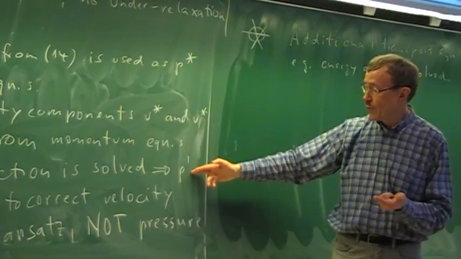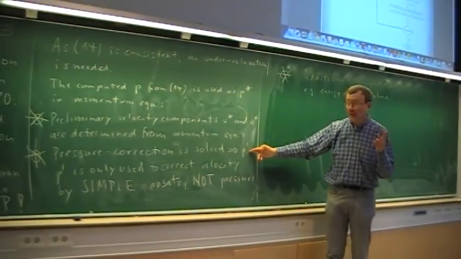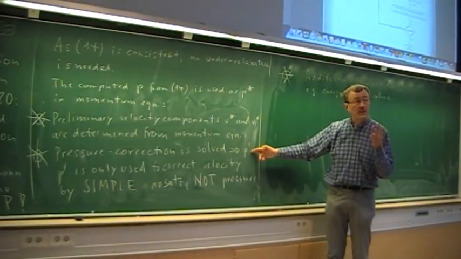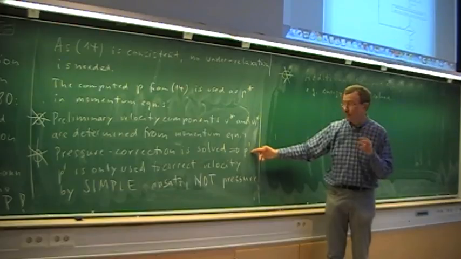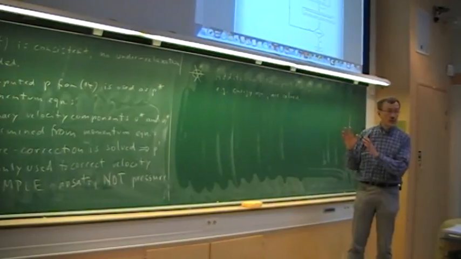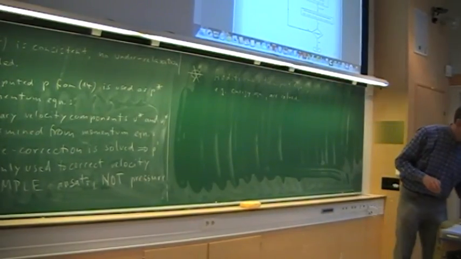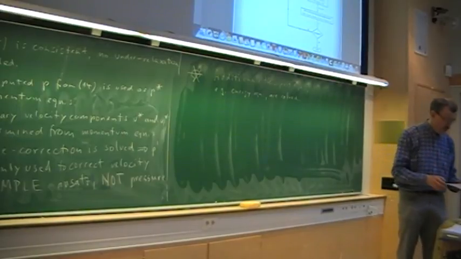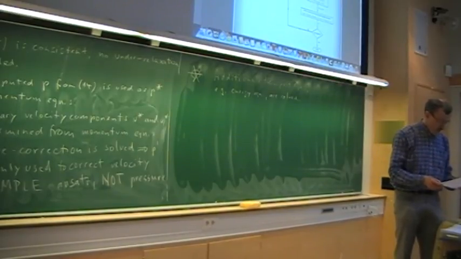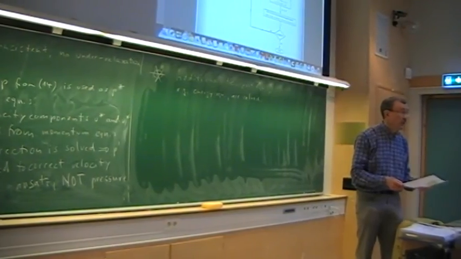Here we have to solve a Poisson-like equation for p prime, and in addition a Poisson equation for p itself. In spite of that additional work, this converges faster than SIMPLE. So SIMPLEX and SIMPLER have a similar performance, and they outperform the SIMPLE algorithm although they need more work.